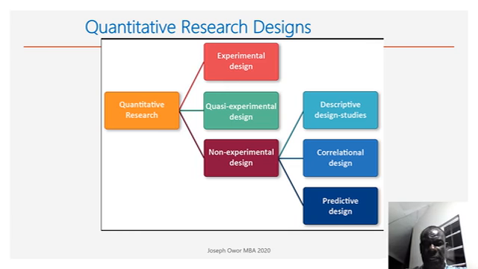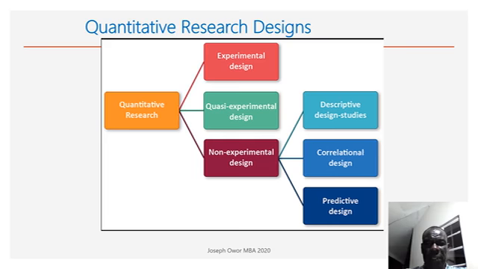This is a conceptual view of what the quantitative research designs look like. The quantitative research design is divided into three, what we call the experimental design, the quasi-experimental design, and the non-experimental design. I'll describe that later.